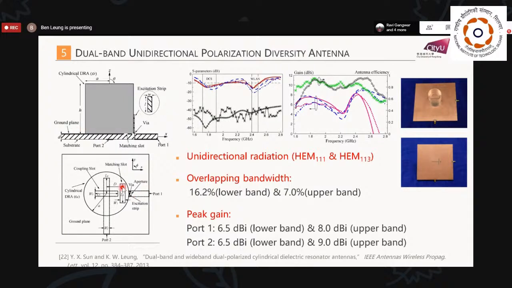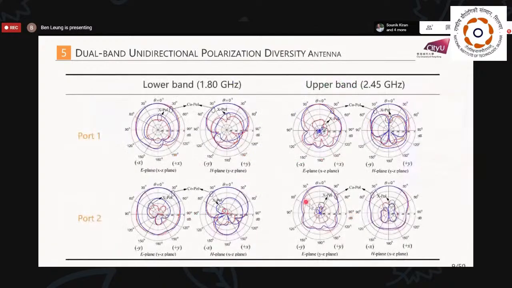Here, we introduce the matching slot, and we have overlapping bandwidths of 16.2% and 7% for the lower band and upper band respectively. This is the gain and antenna efficiency. So this is the gain. These are the antenna efficiency. Radiation patterns: port 1 and port 2, lower band and upper band.